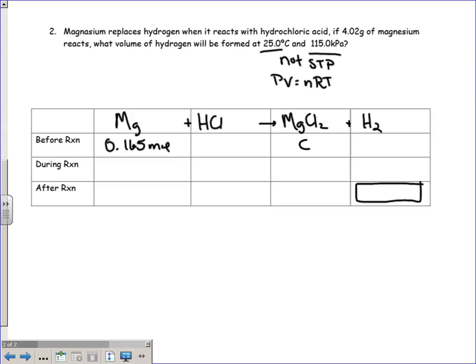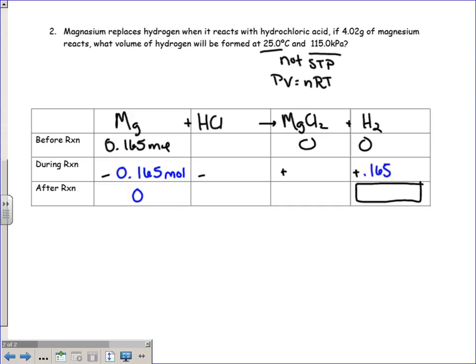We know that these start at 0, this always goes down, these always go up, and then this is going to go down by 0.165 moles to get us 0, which means this is going to go up by 0.165 moles.